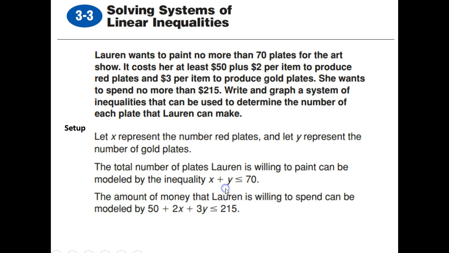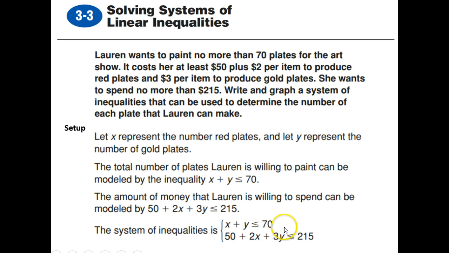So we're going to make another equation, 50 plus 2x plus 3y. Then it says she wants to spend no more than $215. Since she doesn't want to spend more than that, we need to set up our equation less than or equal to 215. So now we have our 2 inequalities.